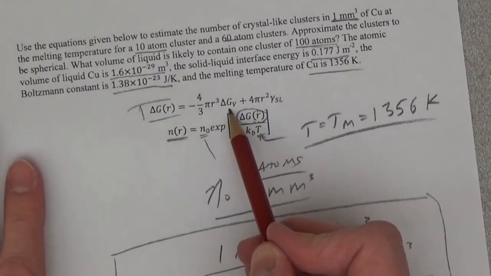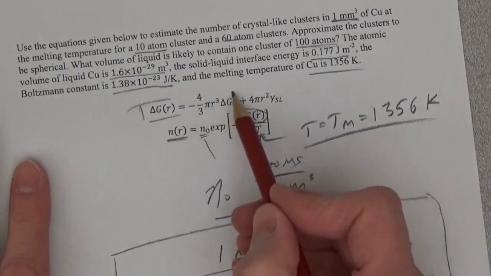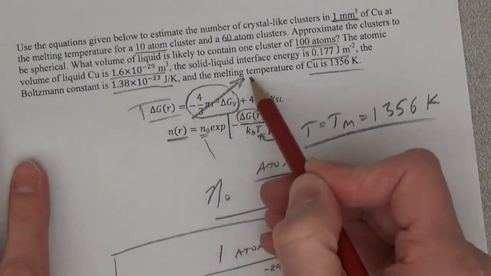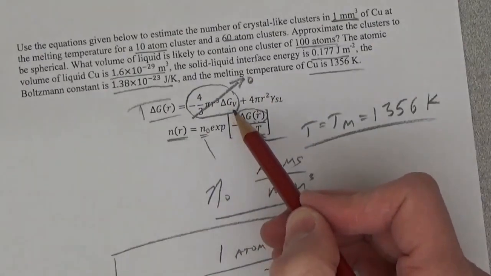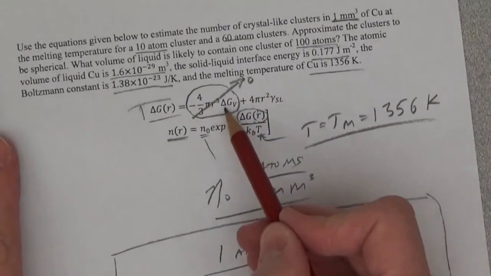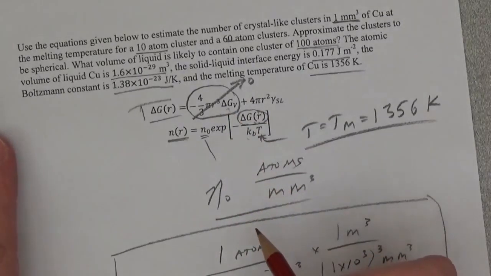Well, we're at T melting, which means this term, delta GV, is 0, because the thermodynamic driving force is 0.